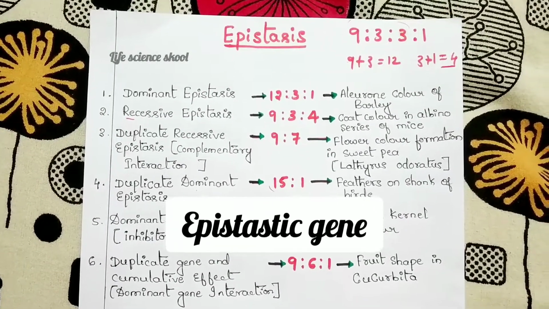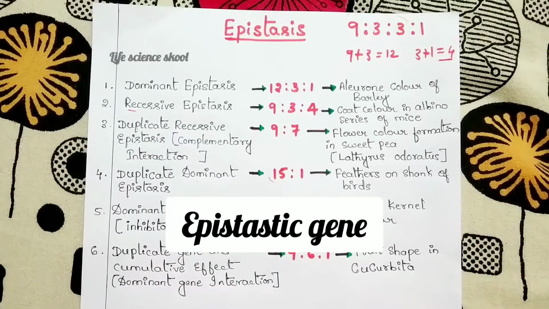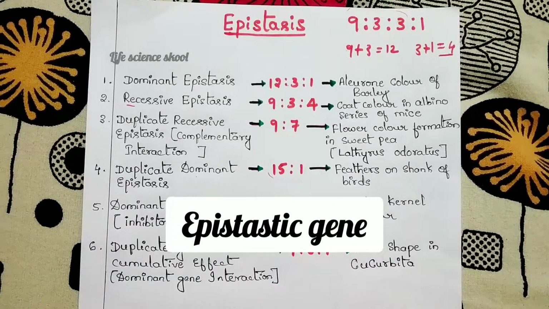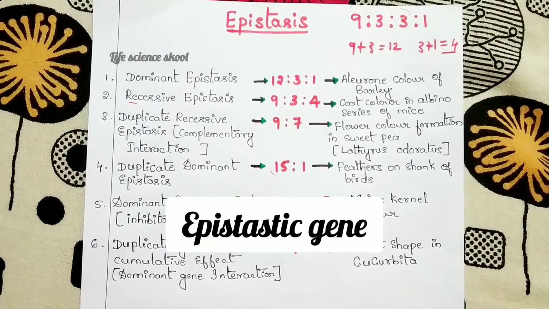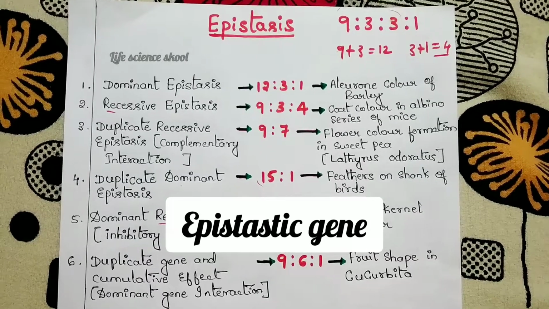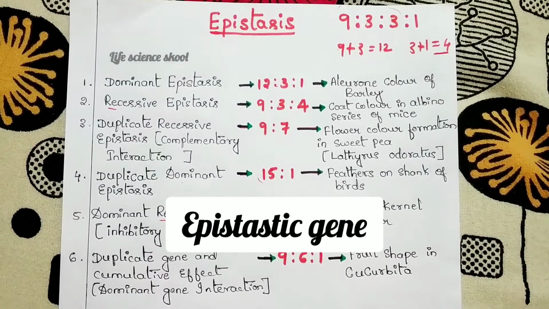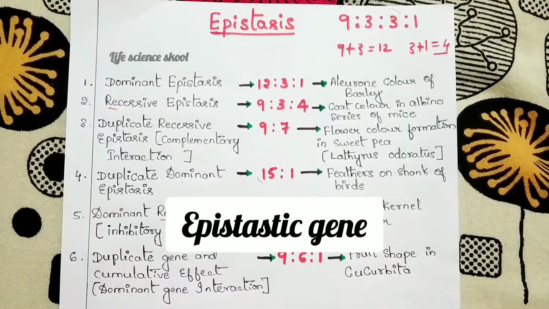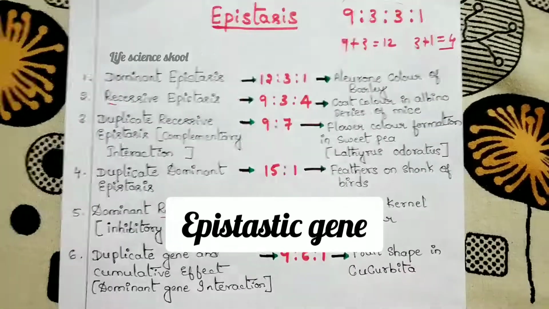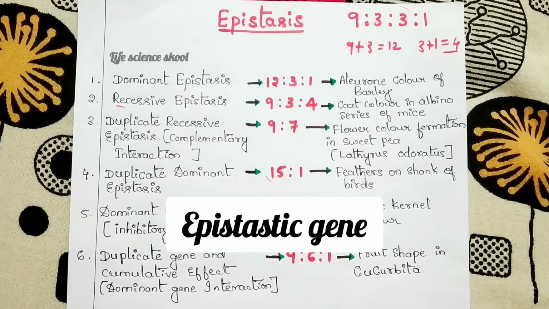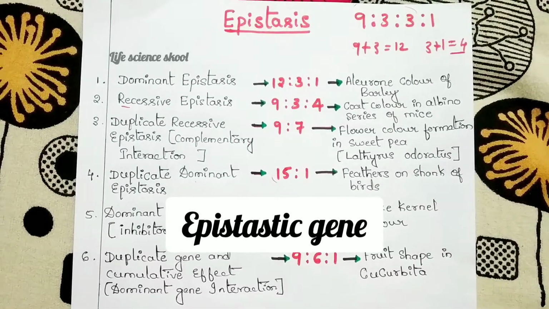These epistatic genes are also called inhibiting genes because they inhibit the expression or phenotype of another.